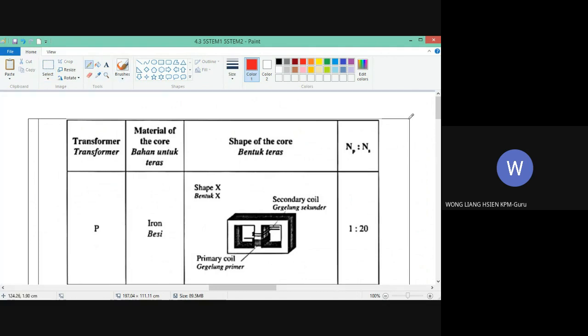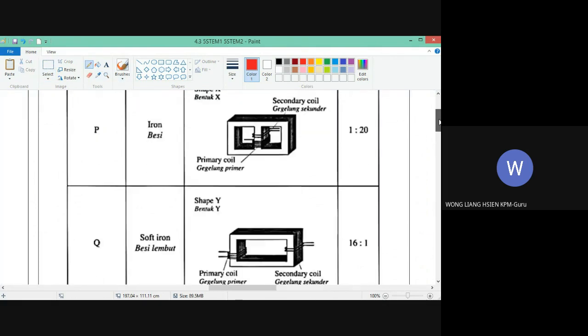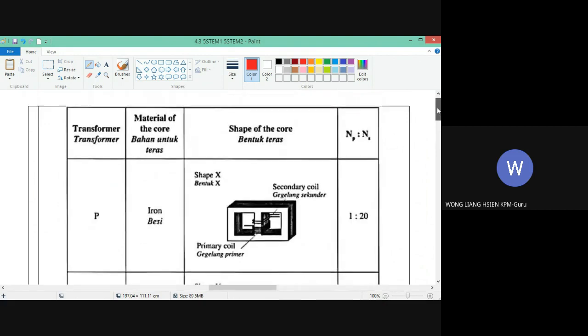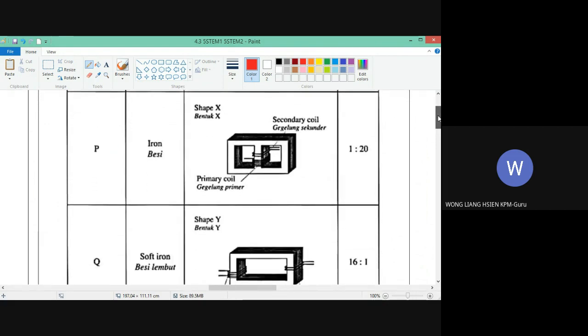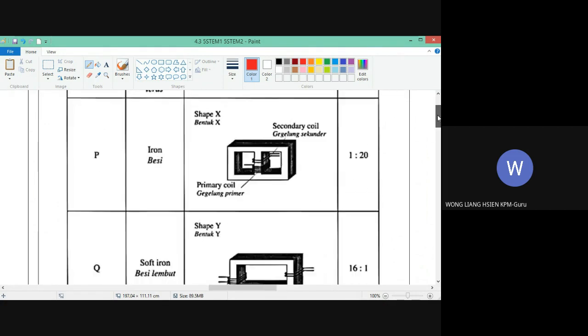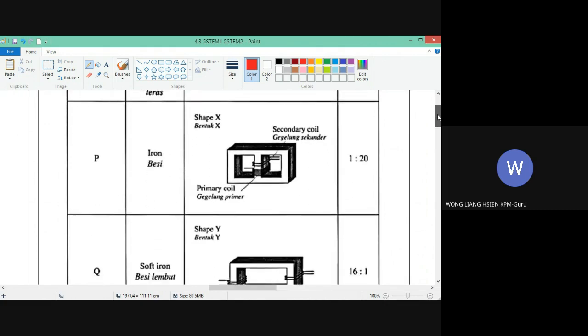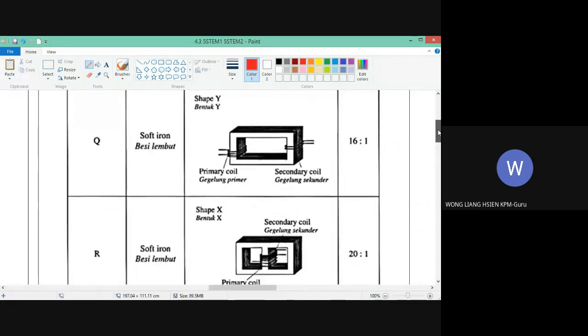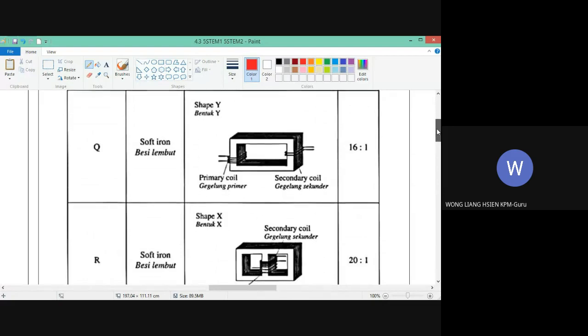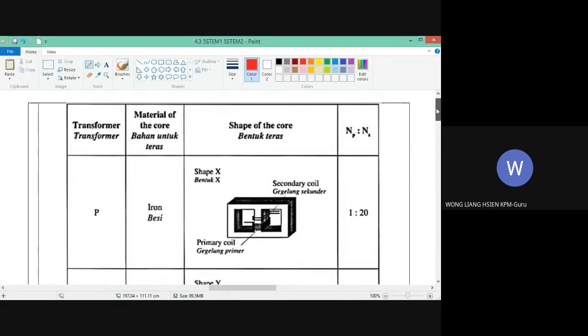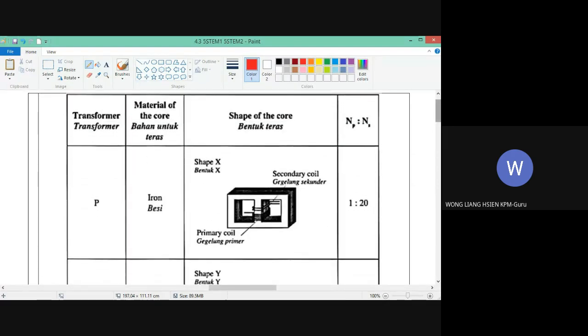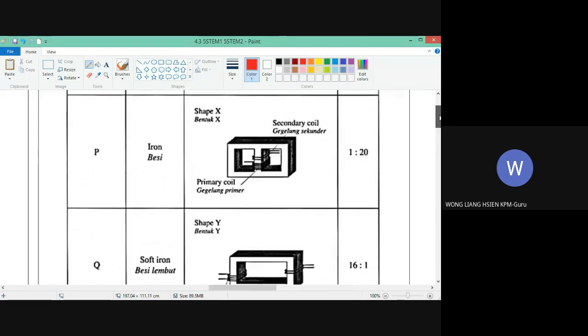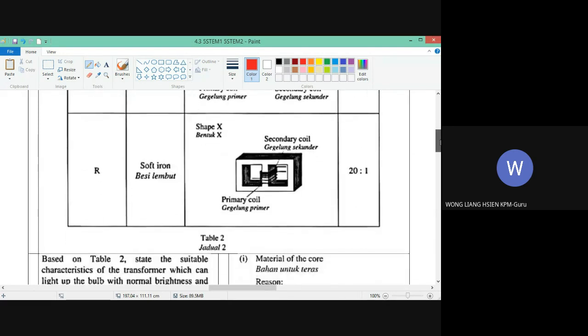So we have three different transformers, P, Q, R. And then the material of the core, we have iron or soft iron. And then the shape, we have shape X or shape Y, two different shapes. And then the ratio between the primary and secondary coil, 1 to 20, 16 to 1, or 20 to 1.